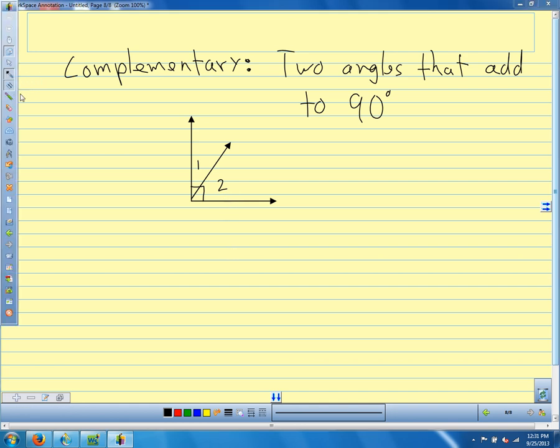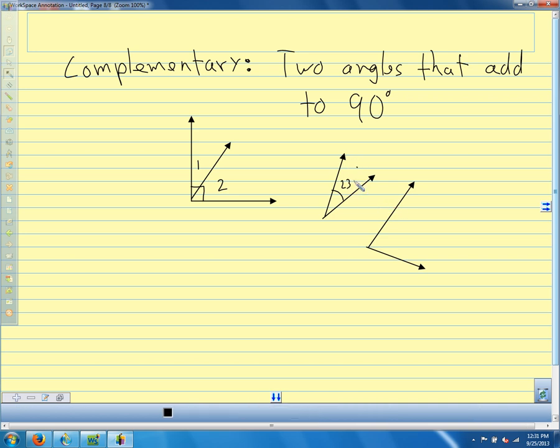Let me draw two other complementary angles. They don't necessarily have to be situated next to each other. That one's 23 degrees. And that one's 67 degrees. 23 plus 67 is 90. So those two angles are complementary. We add them together, we get 90 degrees.